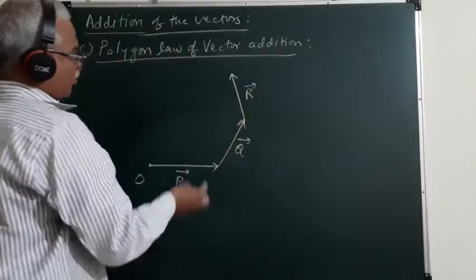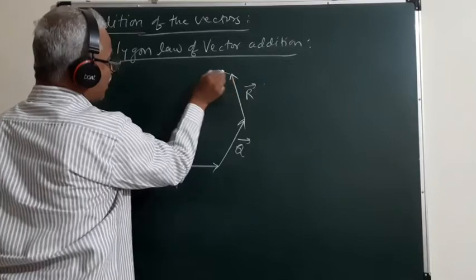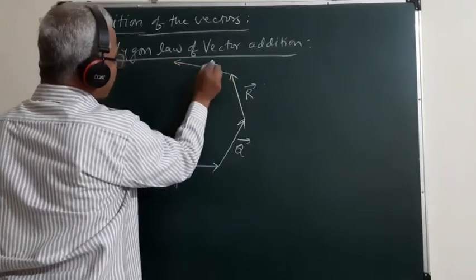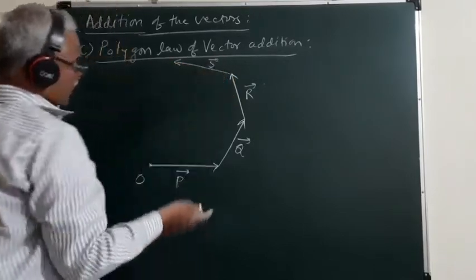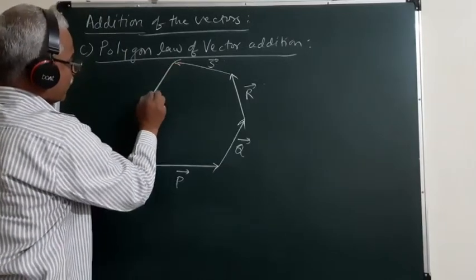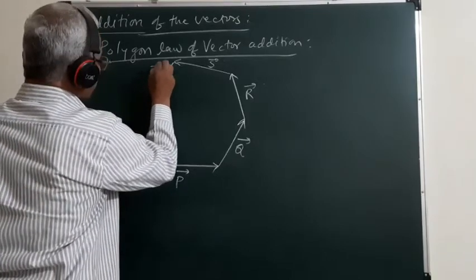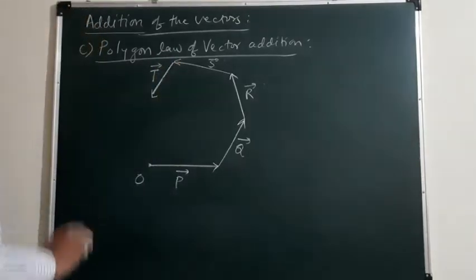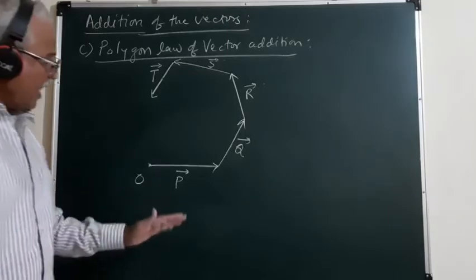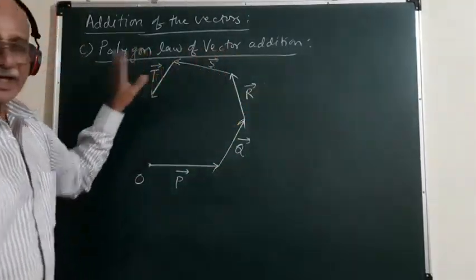From the end point of R bar, let us draw the fourth vector S bar. From the end point of S bar, draw the next vector T bar, and so on. And let us consider we want to add all these vectors P bar, Q bar, R bar, S bar and T bar.